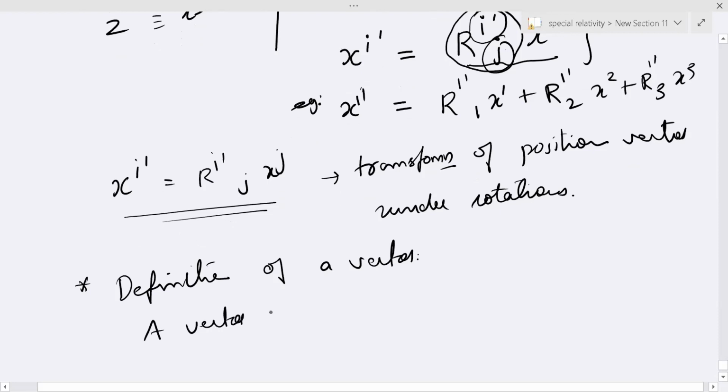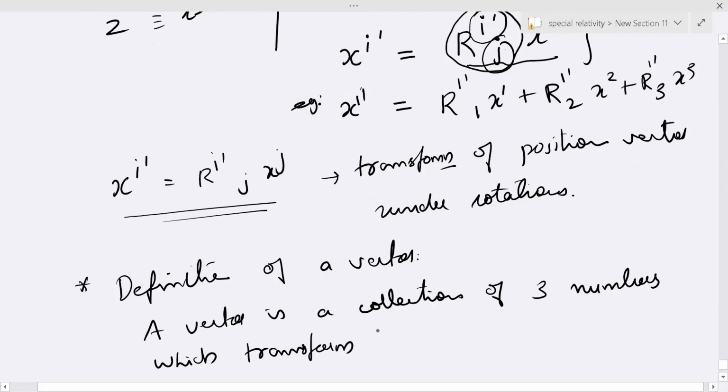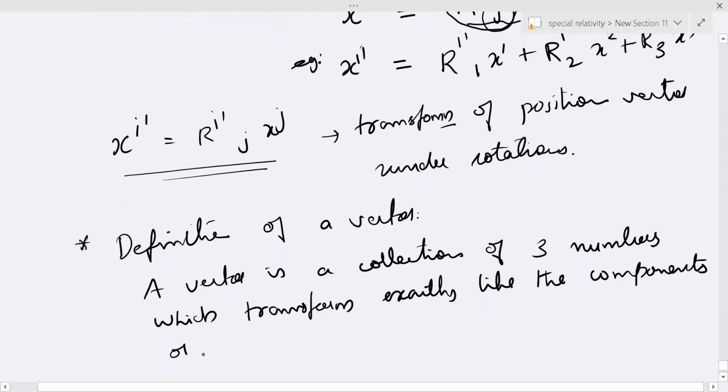A vector is a collection of three numbers which transform exactly like the three coordinates, or we can say exactly like the components of position vector under rotations. Okay, so this is the definition of a vector, right?